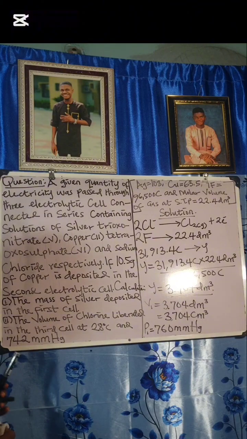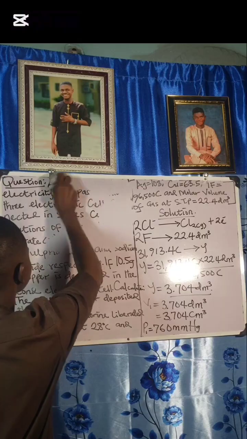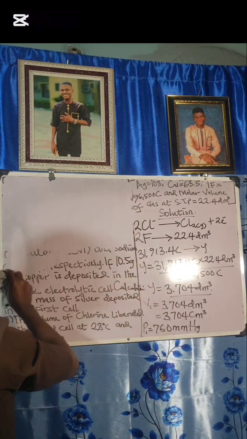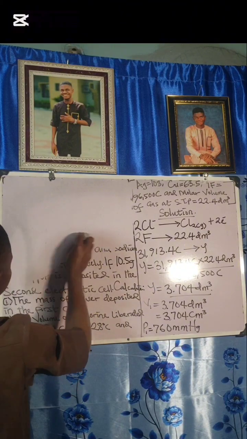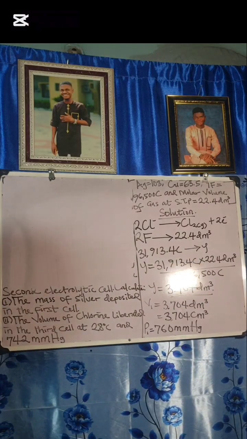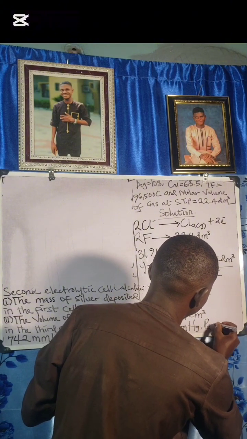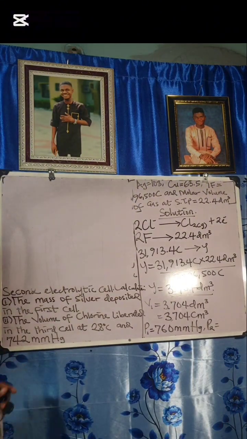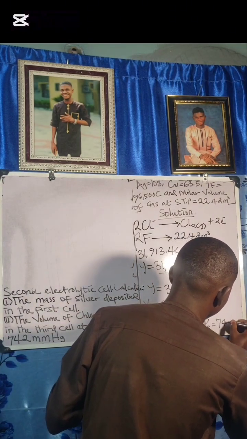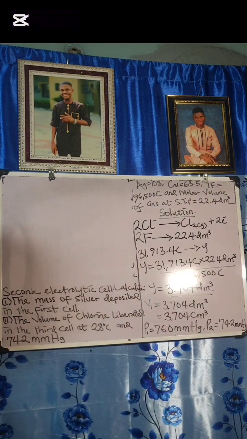And our P2 will be equal to 742 millimeters of mercury.